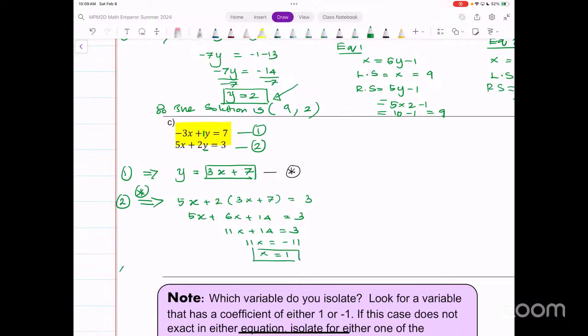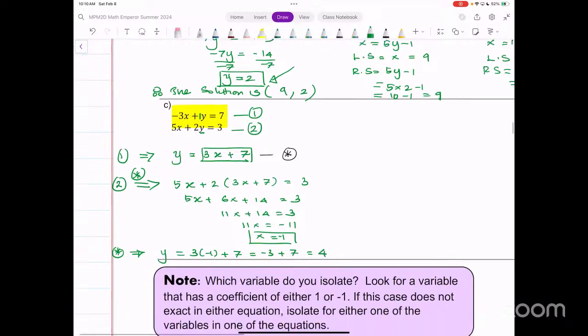So from star, we can find y is equal to 3 times, I mean 3 times negative 1, negative 3 plus 7, positive 4. So what do we do?